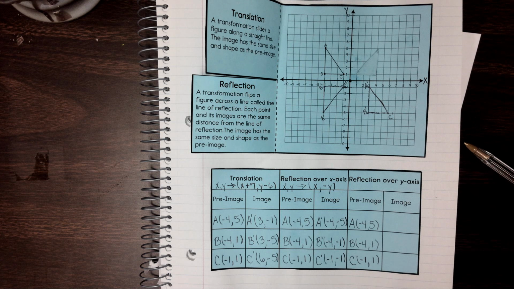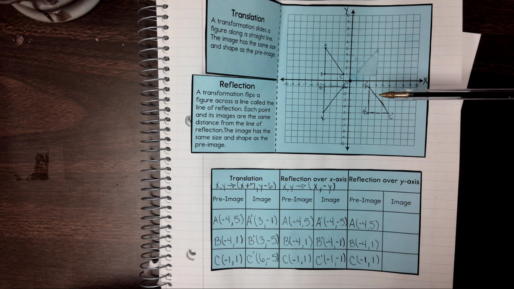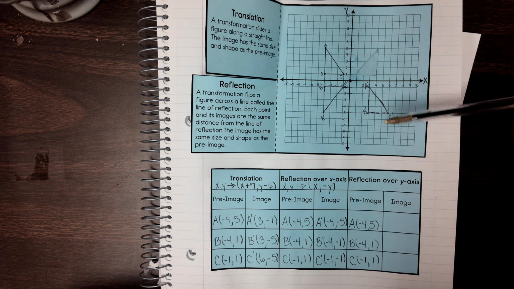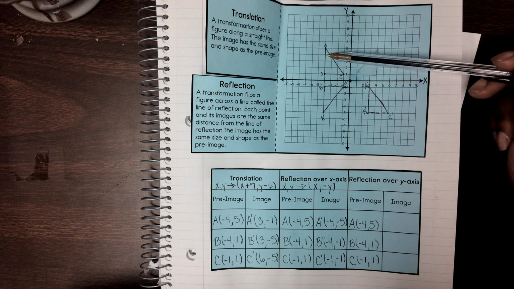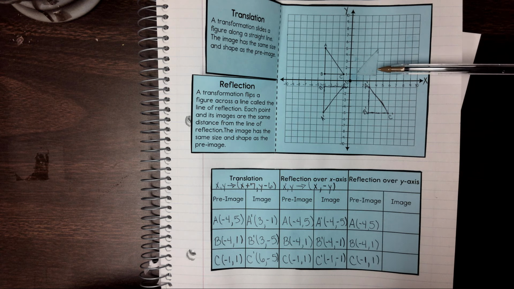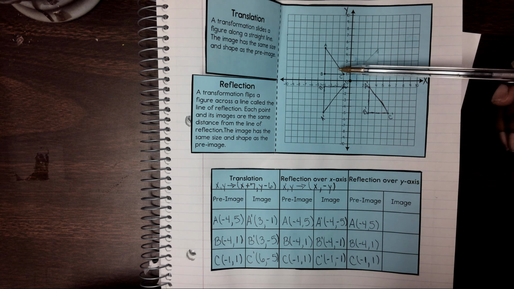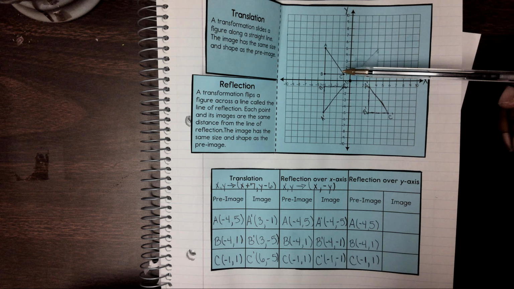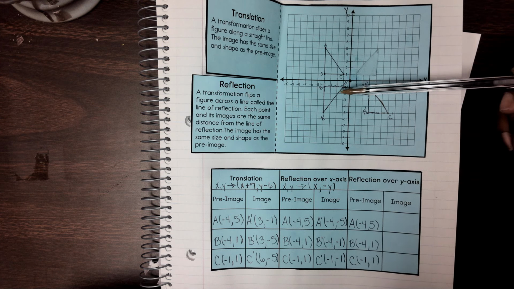And just for a moment, I do want to talk about the size of the figure, when we flipped it across the y-axis. Did the shape remain the same size and the same shape? Okay? As we flipped it or reflected it, did it remain the same size and the same shape?